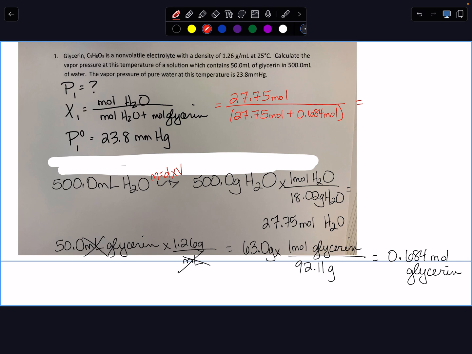Mole fraction, 0.976. Is that what y'all have? Okay. Remember, or I'll remind you, mole fractions are unitless, so the value of x is simply 0.976.